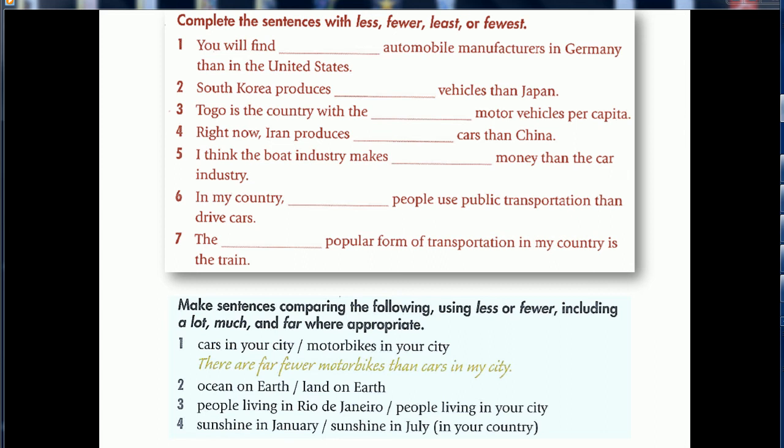But then numbers 2, 3, and 4 are going to be yours. If you want to practice word families, make exercise 1. And if you want to practice making contrast, I want you to complete exercise 2 and exercise 3. Exercise 2 is in the red words, and exercise 3 is the black words.